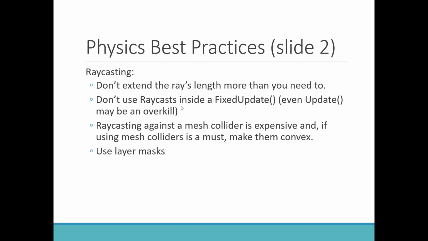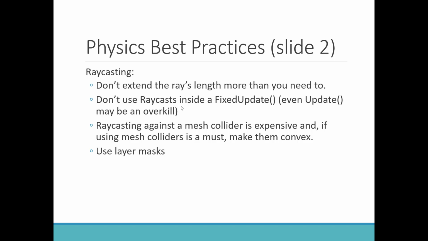If you are doing raycasting against a mesh collider, that's going to be expensive. If you are using a mesh collider because you have to and you have no choice, because primitive colliders don't work out for you, make them convex. I know you can also get artists to do that. They'll create a mesh that has a lot fewer faces, and that can be used as a mesh collider for your project.